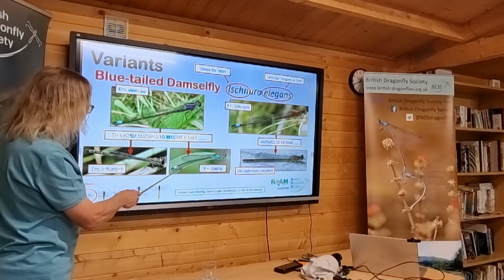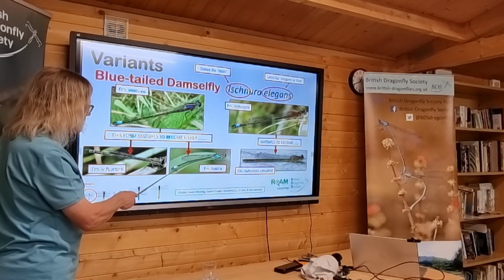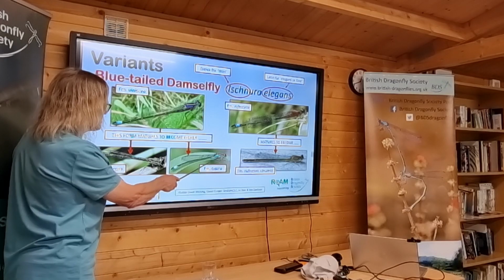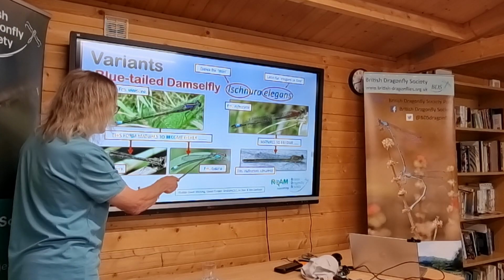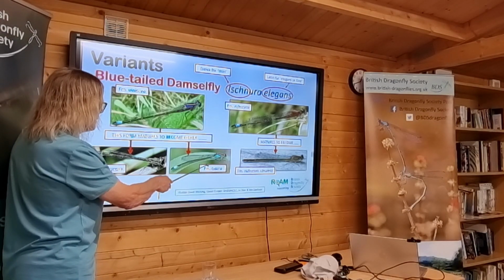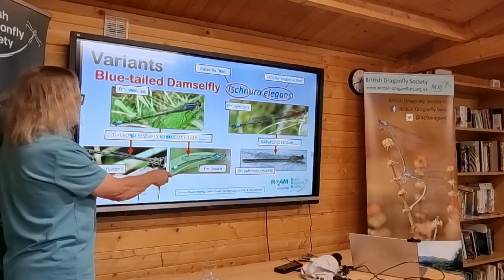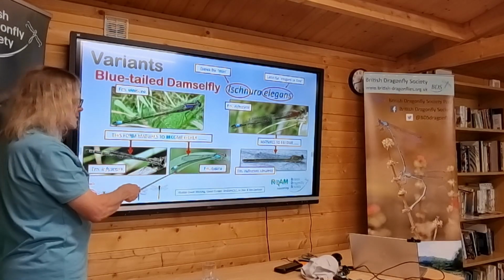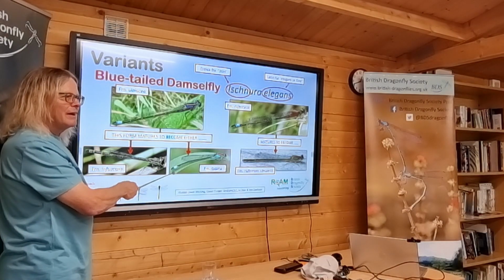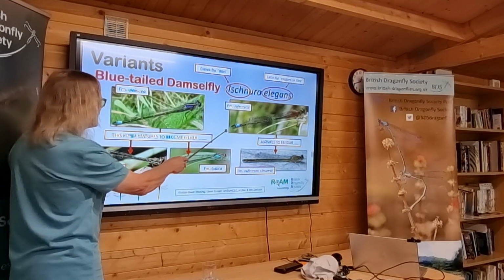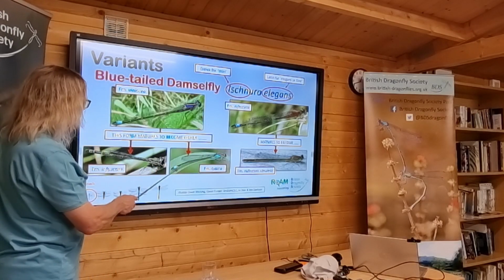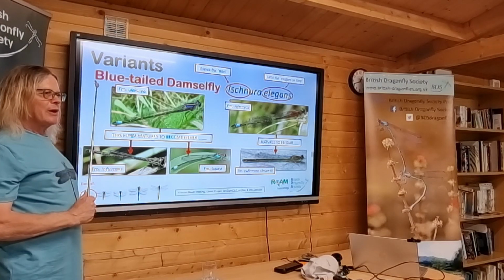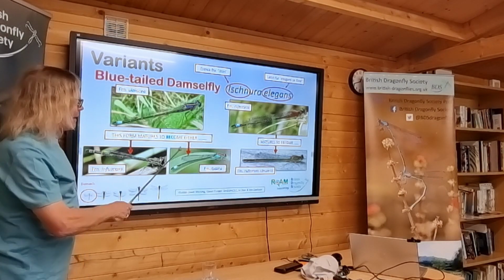So if you see a blue-tailed damselfly still with the 8th segment blue, but with a blue thorax and blue anti-humeral stripes, very much like the male, that is typica, a very mature form of the violet one. But it's still a blue-tailed damselfly because it's got that 8th segment. So all of these three can be identified quite easily if you remember the 8th segment and those two colours.